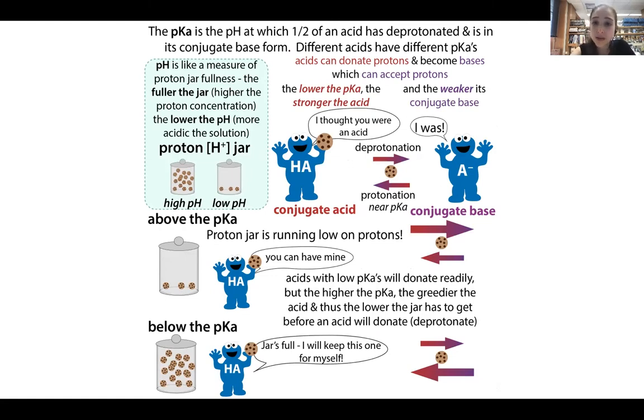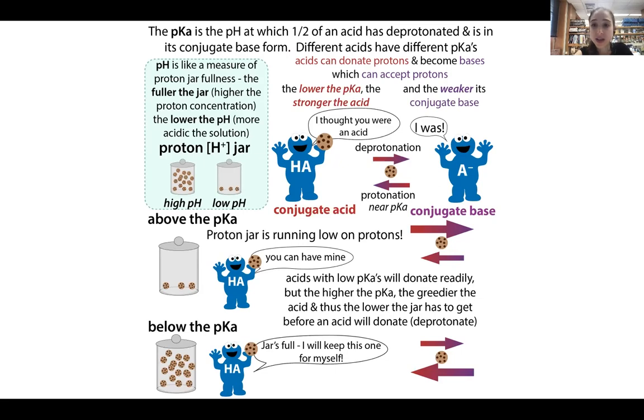And this means, since we have this acid-base pairing, the conjugate acid is the acid form of a base, and then when you give up a proton, you're a conjugate base. So these are two sides of the same coin. So the stronger something is as an acid, the weaker its conjugate base. And that's one of the ways you can help determine how strong of an acid something is going to be.